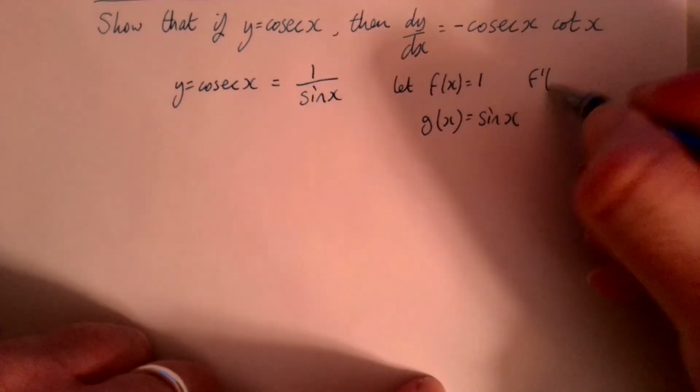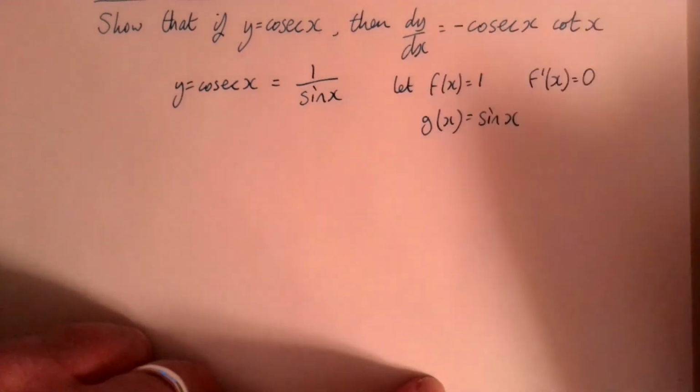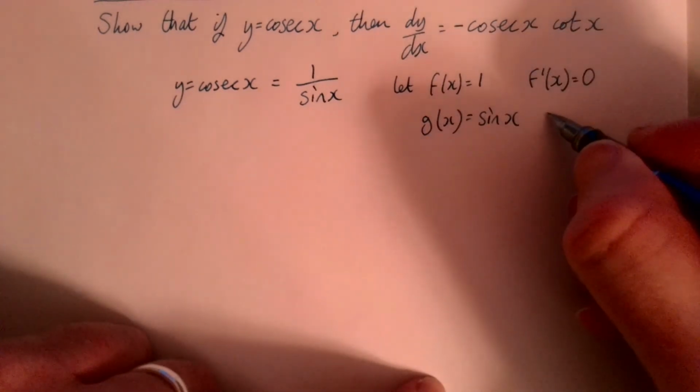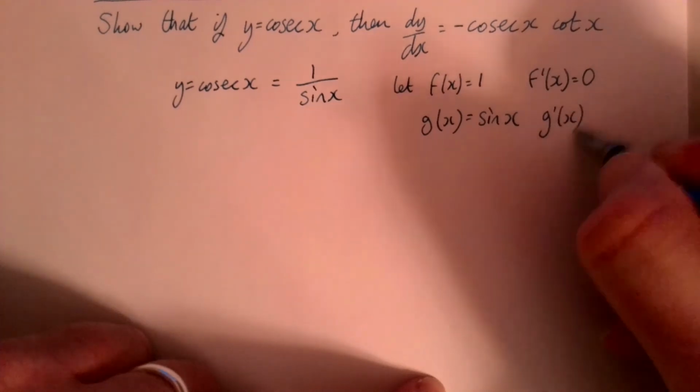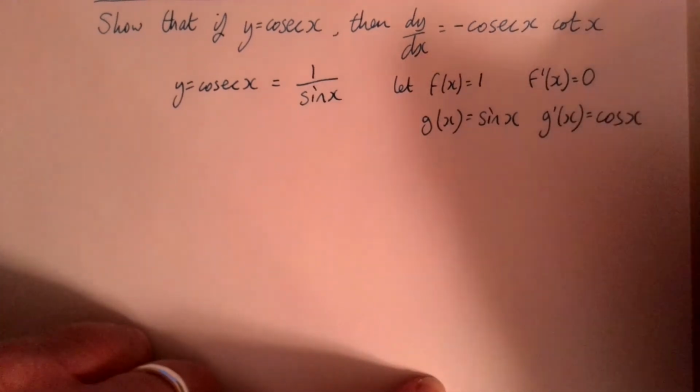Differentiating 1 gives you nothing, and using our circle of truth, differentiating sine x gives us cos x.